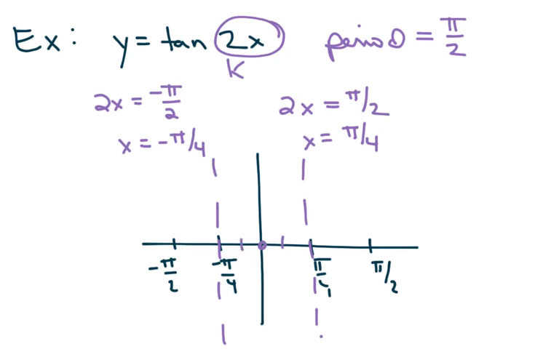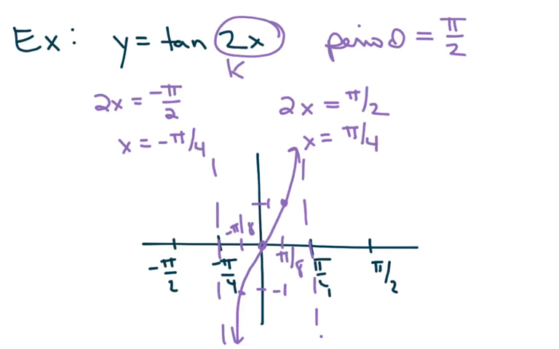And then these 2 points are where I'm going to hit 1 and negative 1. What are those 2 points? Well, this one's going to be pi over 8, and this one over here is going to be negative pi over 8. So there are my 5 tick marks.